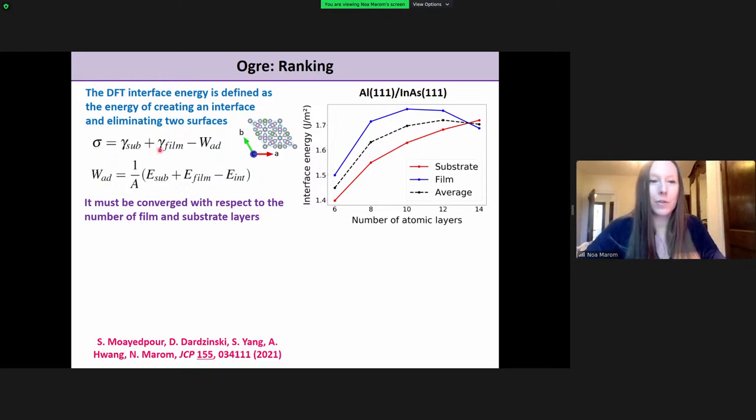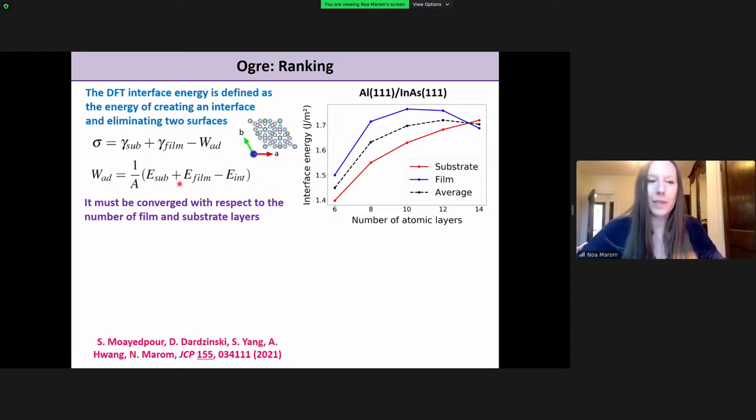So we have the two surface energy contributions, and then the adhesion energy between the substrate and film at the interface. The adhesion energy is defined as the energy of the isolated substrate plus the energy of the isolated film minus the energy of the interface, where all of these are DFT total energies, divided by the interface area.